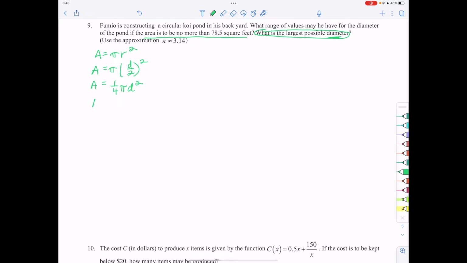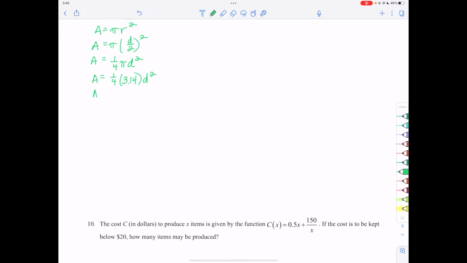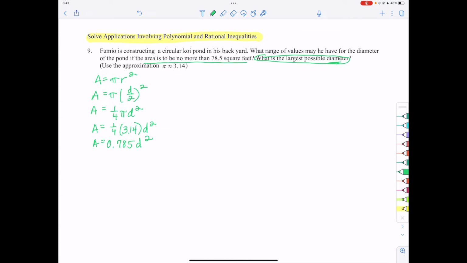And using pi equal to 3.14, 1/4 times 3.14 times the diameter squared. If you put that in your calculator, you'd get 0.785 d squared.